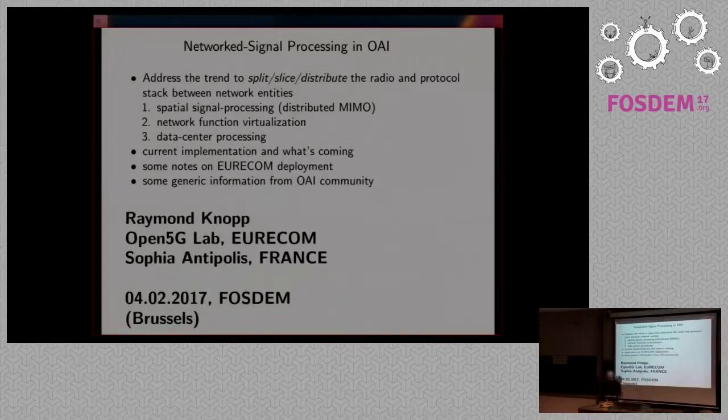And there are different reasons for doing this. One of the reasons is to do spatial signal processing. If you want to centralize the signal processing in a radio node that's connected to many radio heads, that's one reason for doing it. Another one is the trend towards doing a lot more network function virtualization. So some of the protocol stack gets put into a virtualized environment, and more generally to do processing of both access networks and the core networks in a data center environment. That's the reason this is happening.